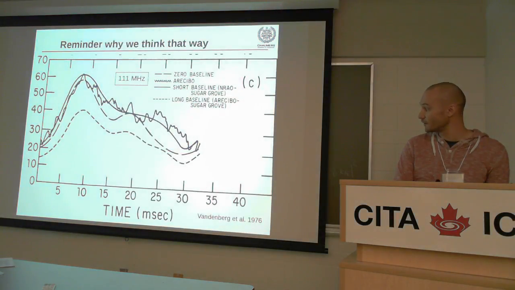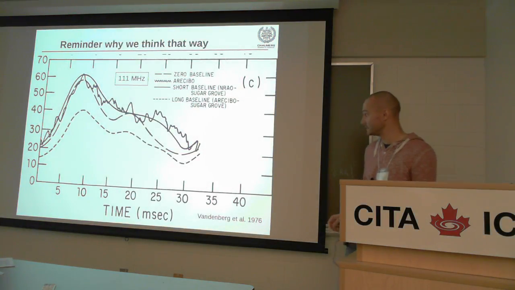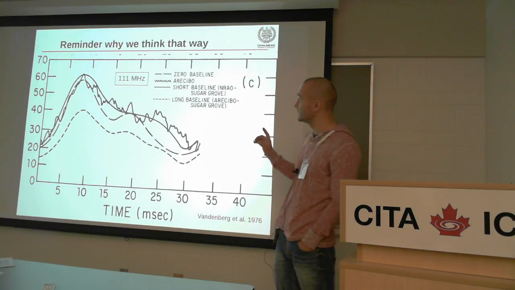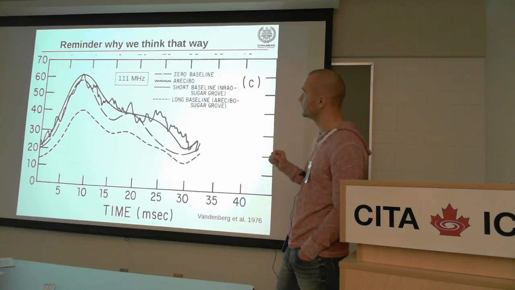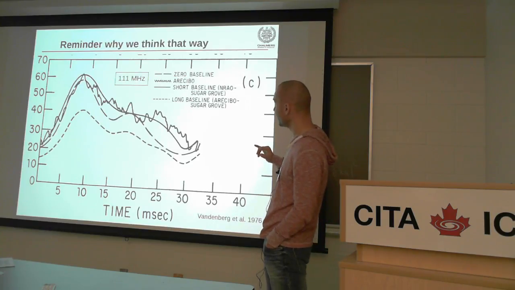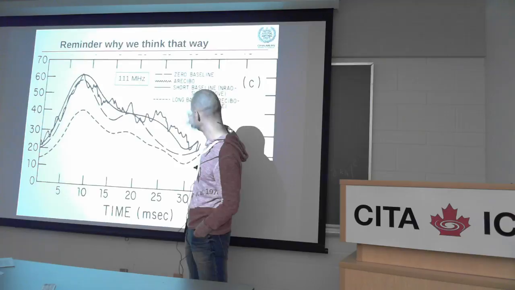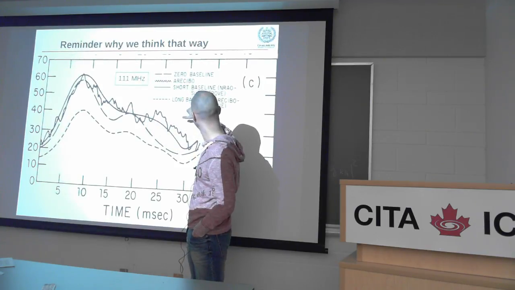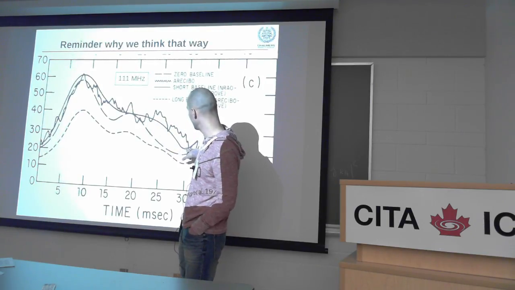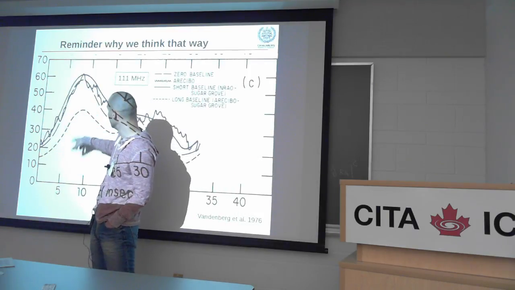And so this is from Vandenberg et al. 1976. And this is the pulse profile at 111 megahertz at different baseline lengths. So the short baseline is the solid line, the long baseline is the dashed line, and the point here is that the profile looks the same.